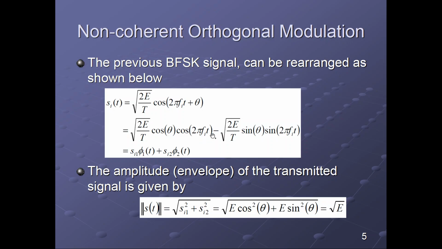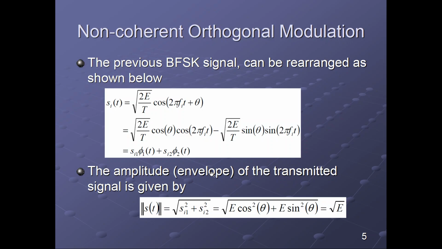Cosine 2 pi f_i t multiplied by square root of 2 over T. And s_i1 is square root of E multiplied by cosine theta. s_i2 is equal to square root of E sine theta, and phi 2 of t is the carrier actually, which is the basis function.